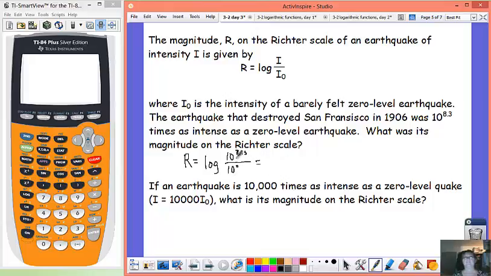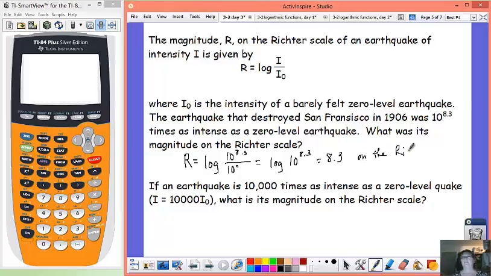So essentially this is saying that the magnitude will be the log of 10 to the 8.3. So we just have to figure out what the log of 10 to the 8.3 is. But we know that this expression just means what power do I raise 10 to, to get 10 to the 8.3? Well, that's 8.3, and that's one of those silly properties that we had a couple of days ago. So the magnitude of this earthquake on the Richter scale would be 8.3, which is pretty strong.